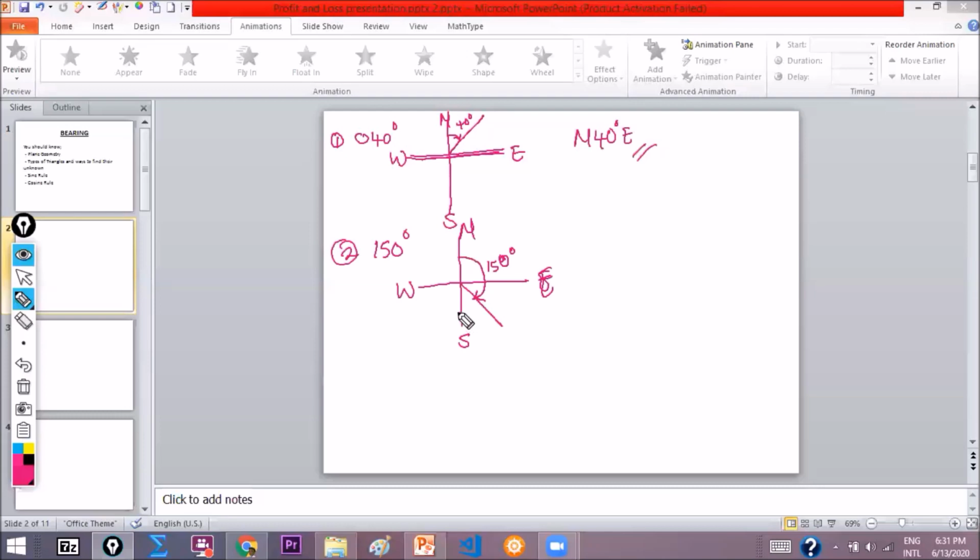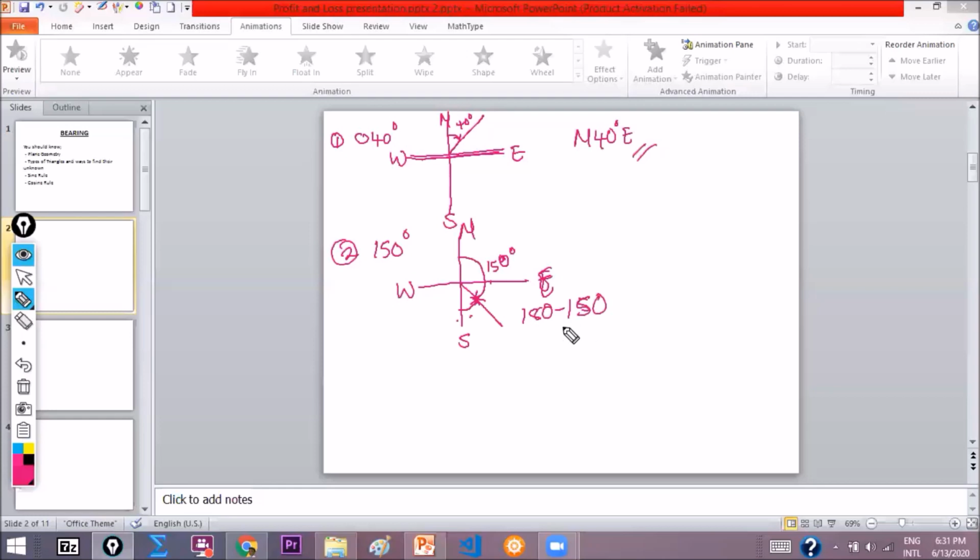Do you remember? We can't say it is east south, so we can't start from here. We must always start from our south. So this angle here, from this south to this place, what is this angle? 30. And how do you get 30? You just subtract 150 from 180.